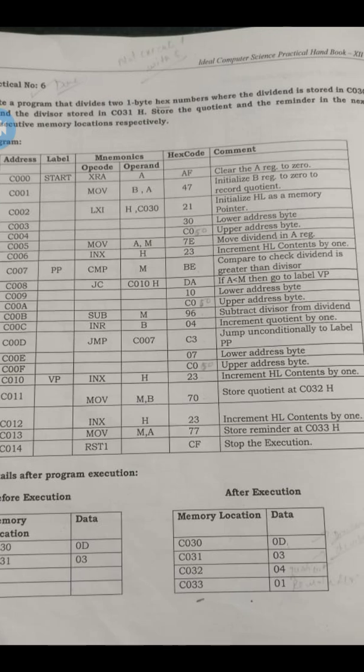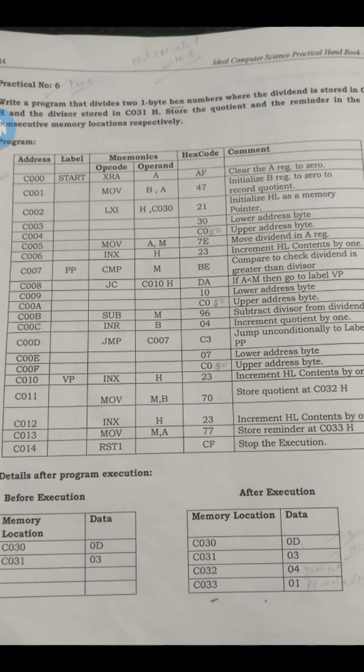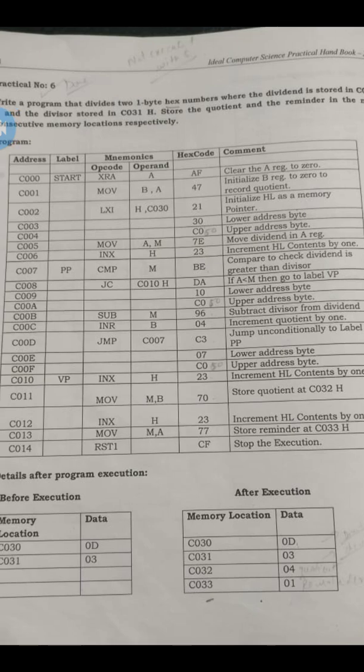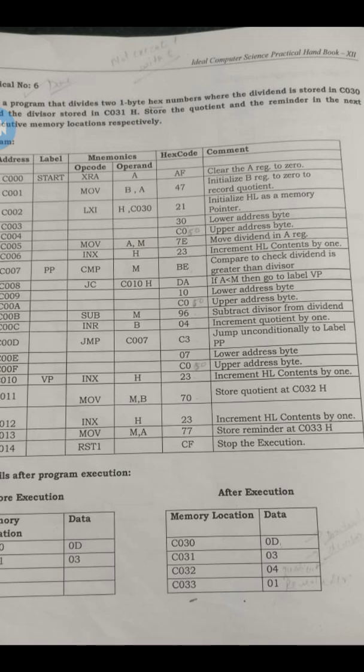Next instruction is the move instruction. Move B, A. The meaning of this instruction is we are initializing the B register to 0. Why are we initializing the B register to 0? Because we require the B register to store the quotient. You know that when we divide two numbers, we have dividend, divisor, quotient and remainder, so we require B for this.